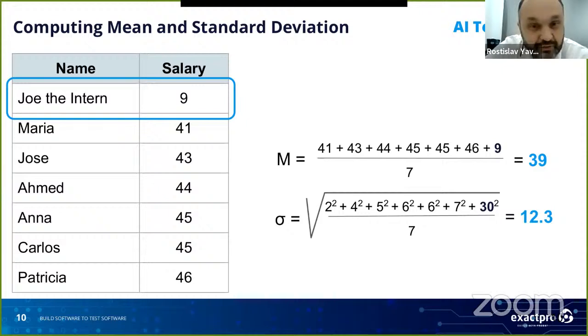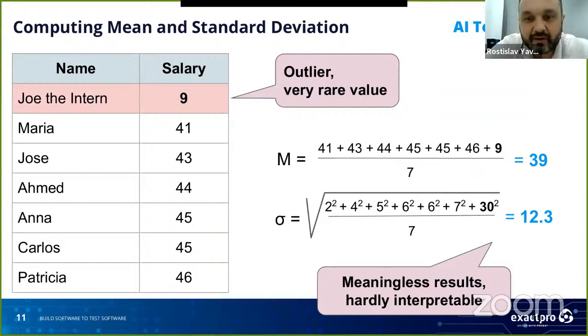But actually, there is not a single person with salary 39, and no one with salary 40, and no one with salary 38. So this data becomes kind of meaningless. And the values you computed are really hard to interpret.